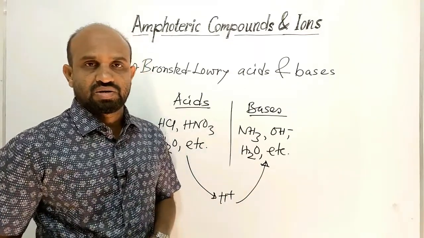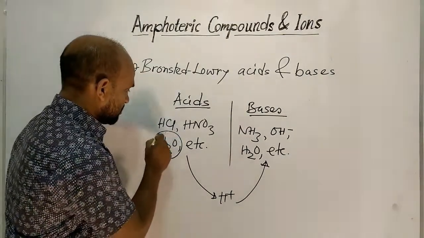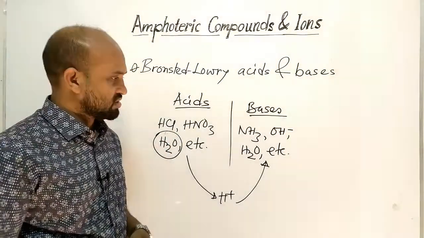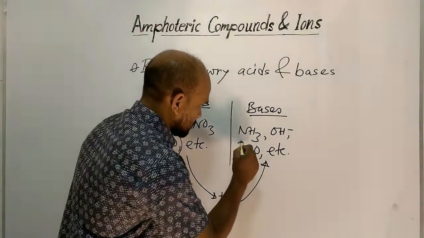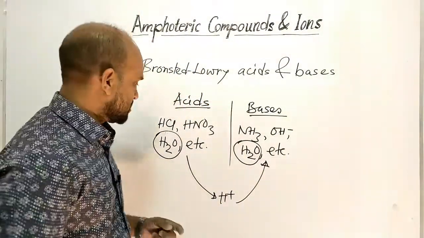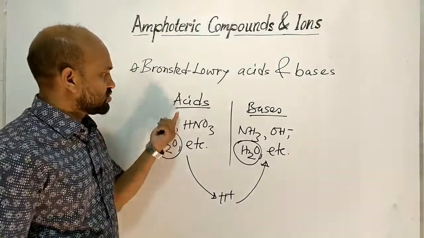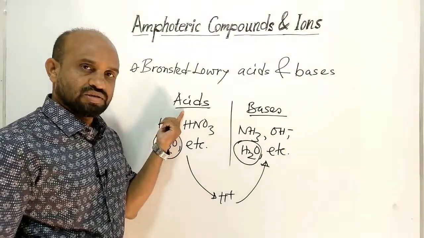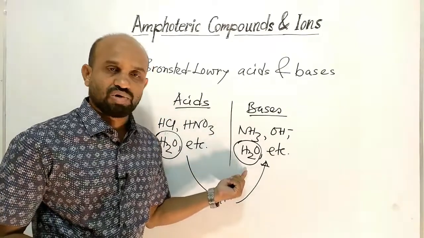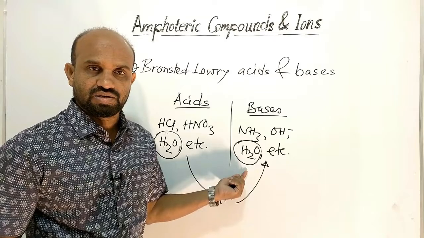One thing is observed here: water is a kind of Bronsted-Lowry acid and water is also a kind of Bronsted-Lowry base. That means water can act as a Bronsted-Lowry acid. At the same time, water can act as a Bronsted-Lowry base.